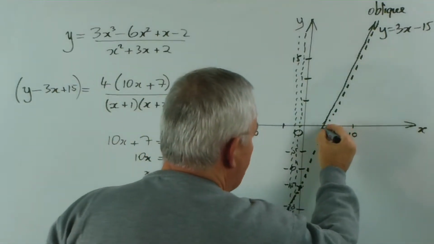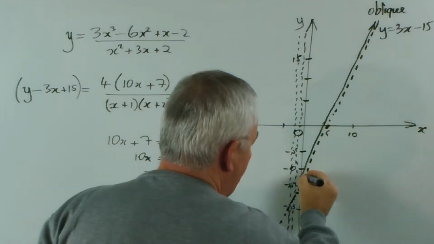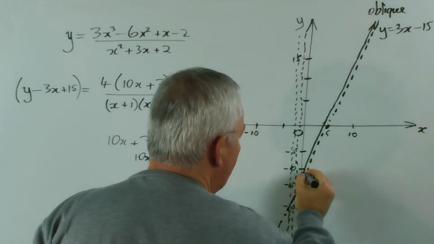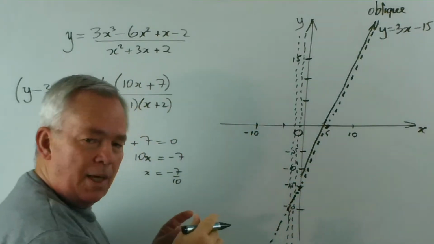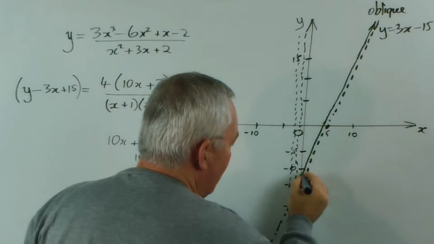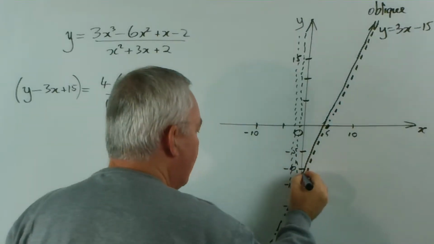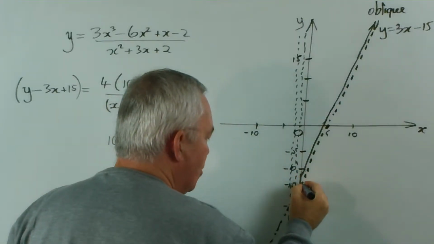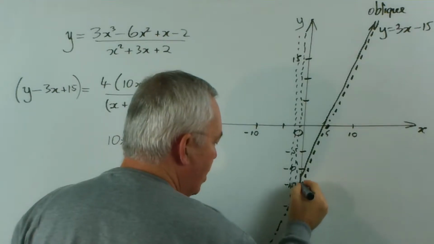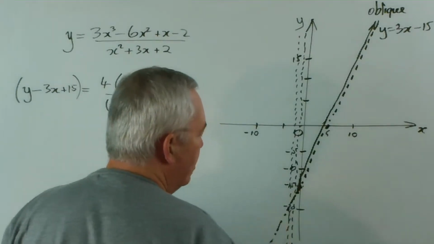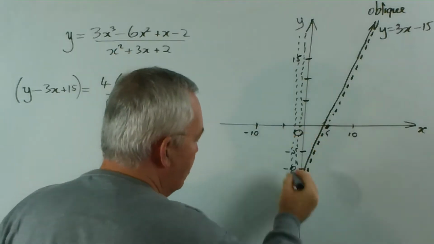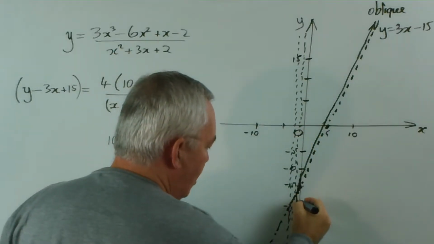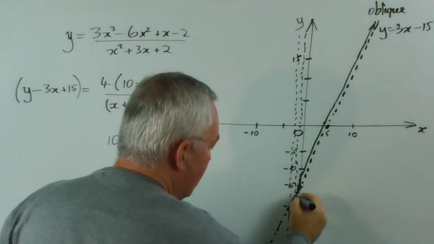So it comes down here and it may even start to bend. I'd actually have to calculate the values. It may even start to try and bend up the graph, but then it will plunge through that point at x equals minus 7 on 10, and continue not up the asymptote but down.